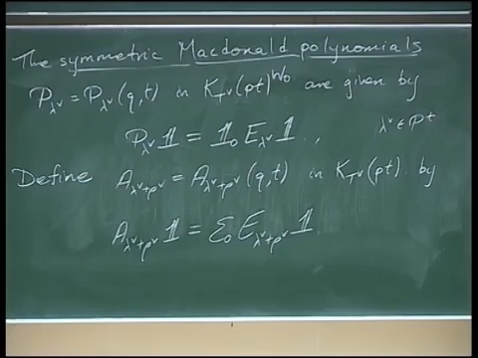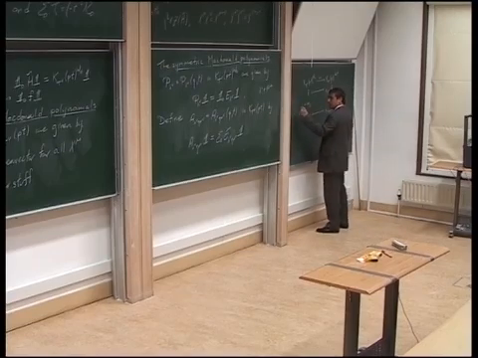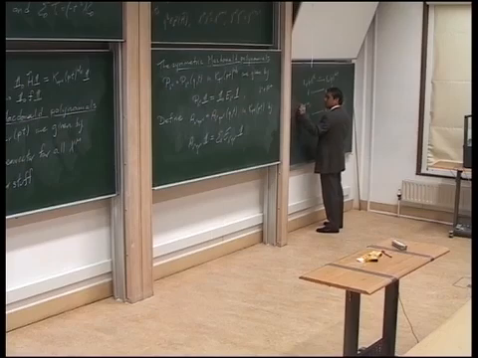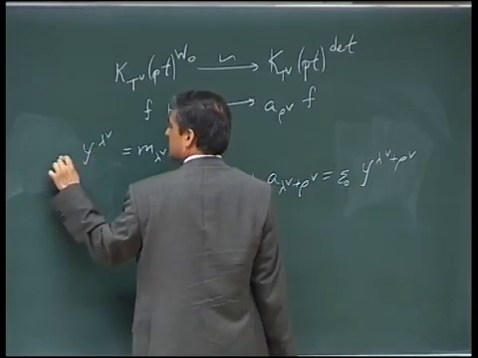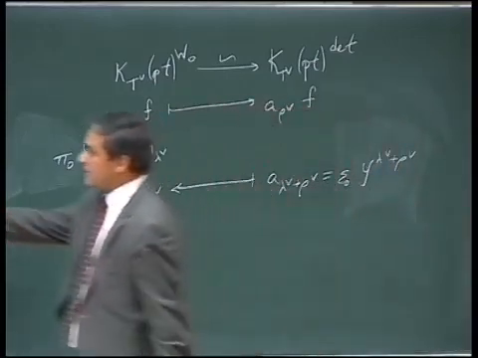This naive basis, this was, I took a monomial and symmetrized it. And this naive basis over here is that I took a monomial, skew symmetrized it, and symmetrized it over here. Okay. And here I'm doing exactly the same thing.